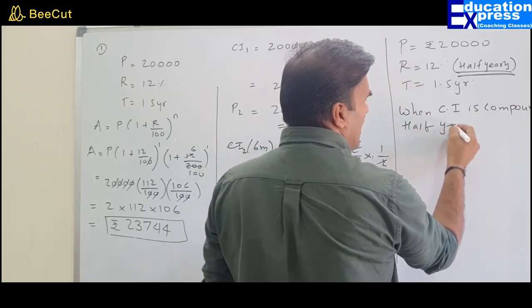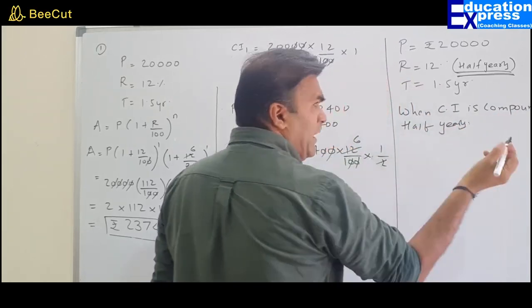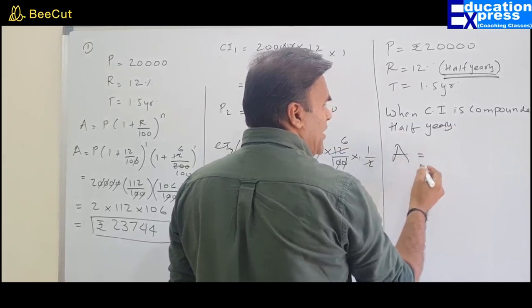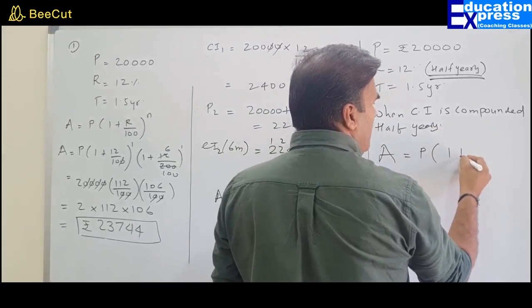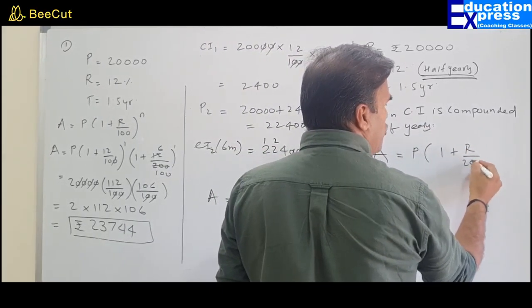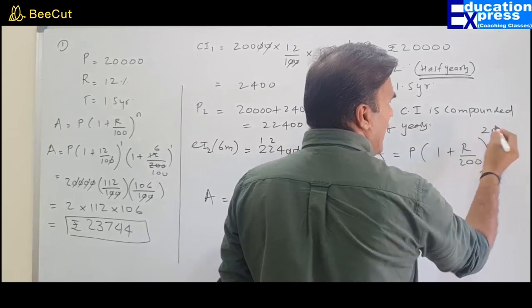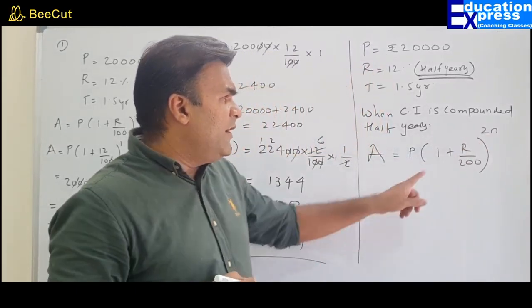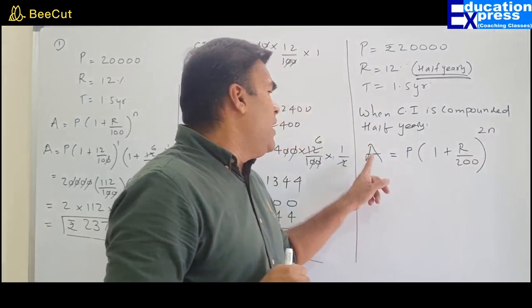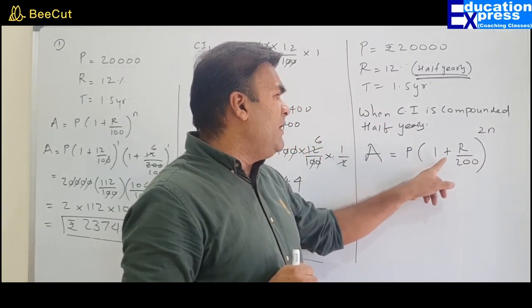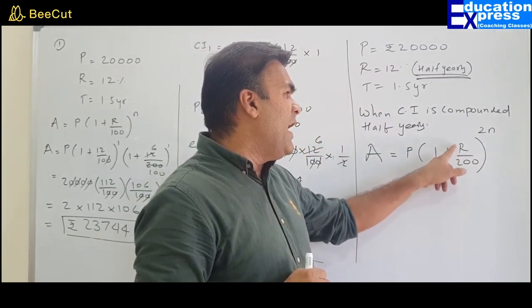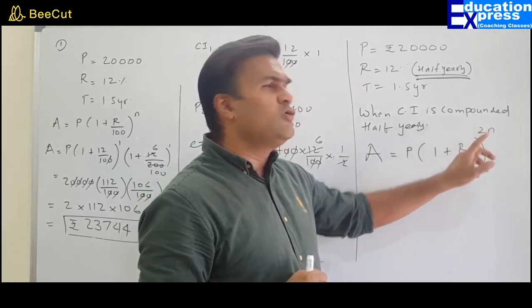Half yearly, this is mentioned. Then my formula would be A equals P (1 + R/200)^2n. My dear friend, for the first time you are using this formula. Amount equals principal (1 + R/200) raised to 2n.